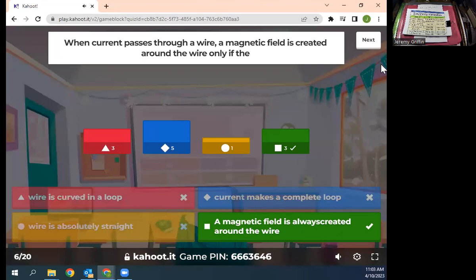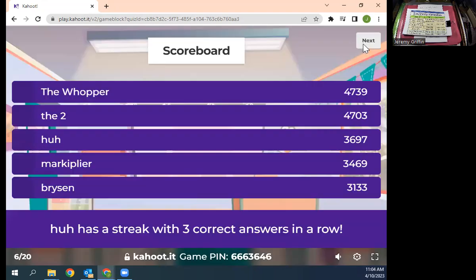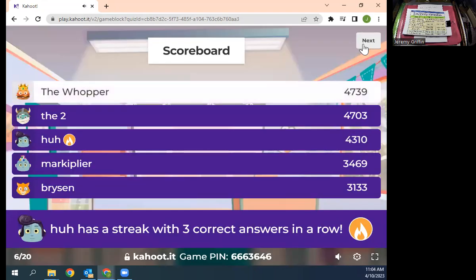A magnetic field is always created around the wire. That was that Paul Hewitt video I just showed you guys, right? So even if it's a straight wire, there's still a magnetic field. It's in concentric circles. Okay? Now, I did make a whole deal last week about putting that wire into a loop, and that was just to straighten out the field and to make an electromagnet that had a clear north and south pole to it. But yeah, there's always a magnetic field around a current.